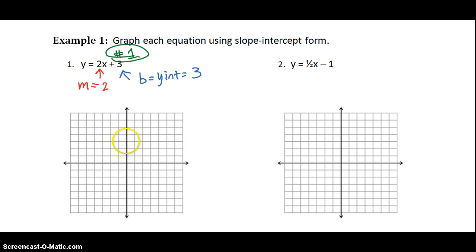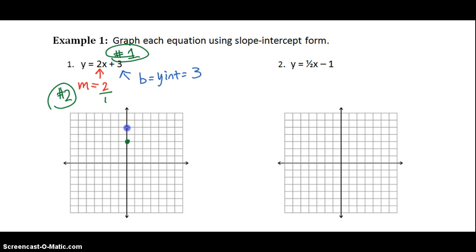And we're going to go up to 3. There it is. I know my line, whichever way it goes, it's going to hit the y-axis at 3. From 3, my slope is 2 understood over 1. So from 3, this is step number 2.